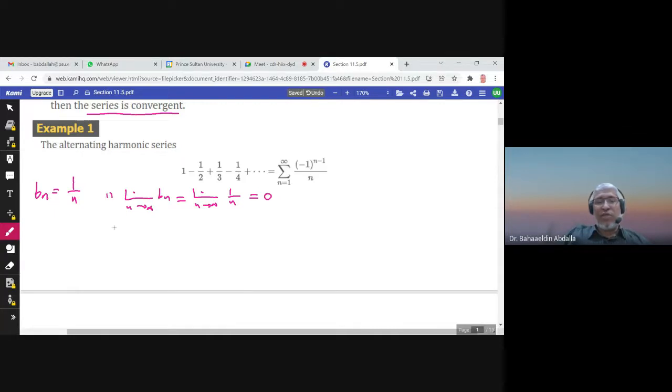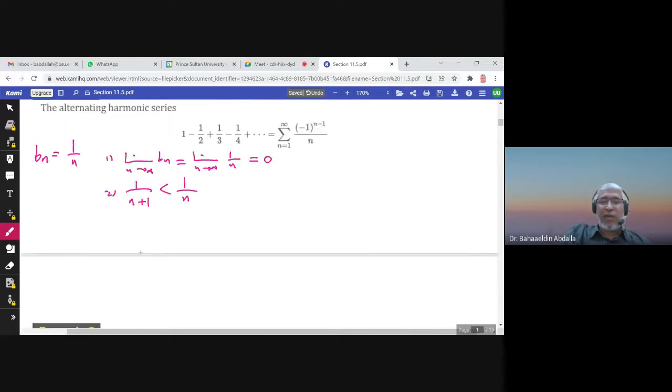The second condition: 1 over n plus 1, this is bn plus 1. What is the relation between 1 over n plus 1 and 1 over n? This is less than this, because n plus 1 is greater than n. So 1 over n plus 1 is less than 1 over n.